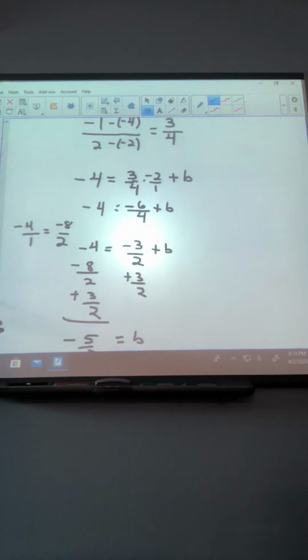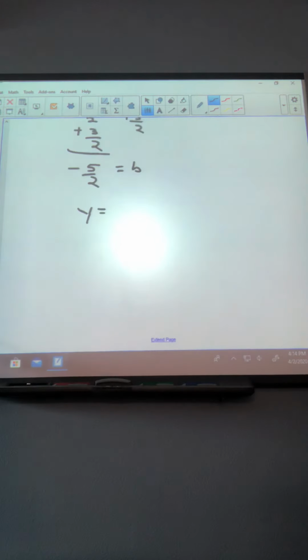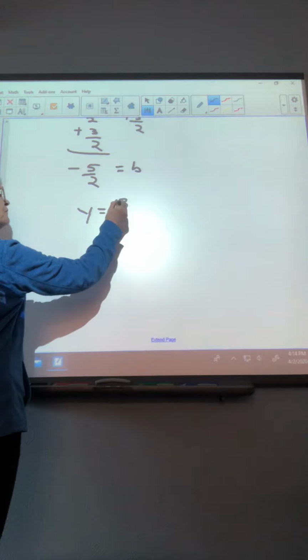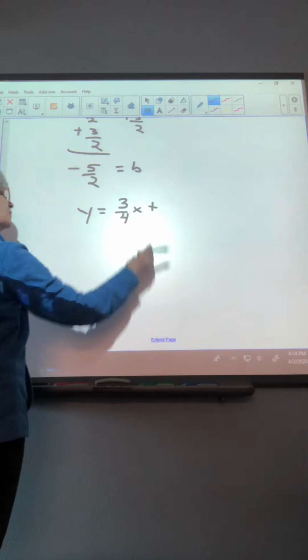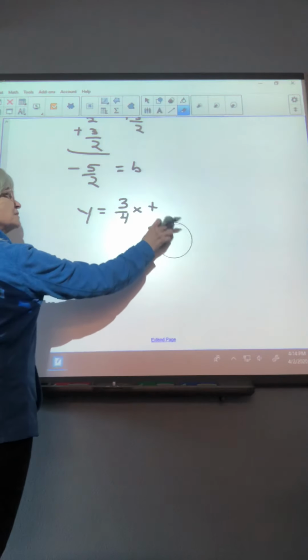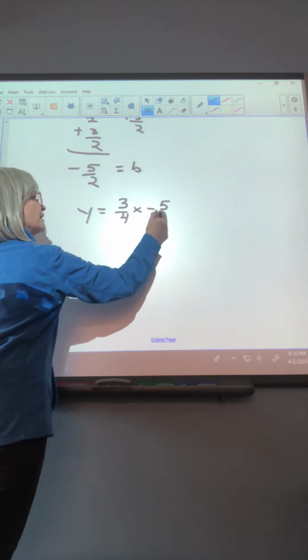Let's see if I'm right. Yep, it was 3/4. Remember when we found that? So y is equal to 3/4 x plus our b is equal to a -5/2. So instead of writing a plus, let's write -5/2.